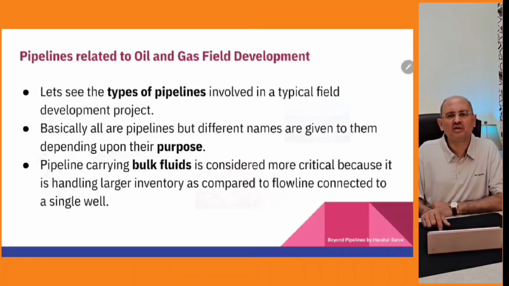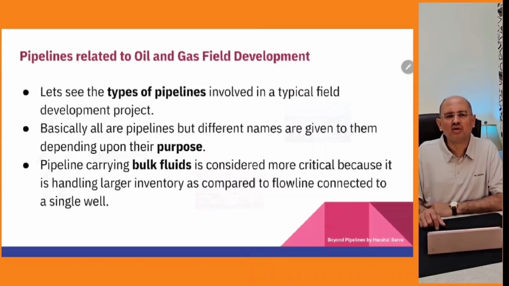The more the volume, the more critical it becomes, because obviously any disruption in a pipeline carrying a larger volume or larger inventory, as it is typically called in the oil and gas industry, will have economical repercussions as well as environmental impact.